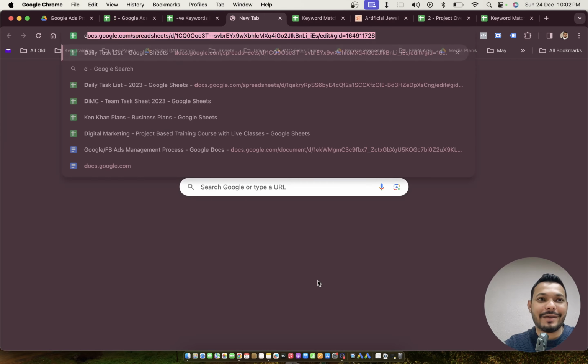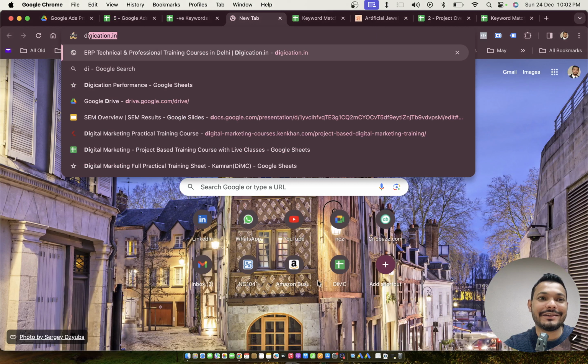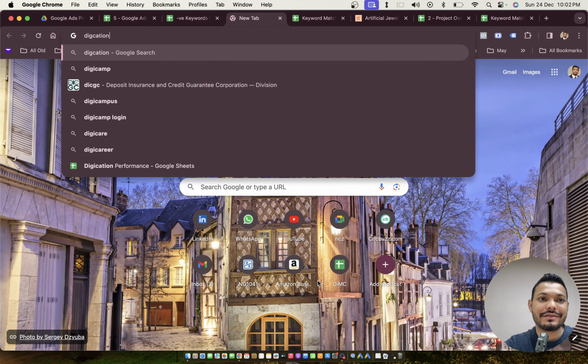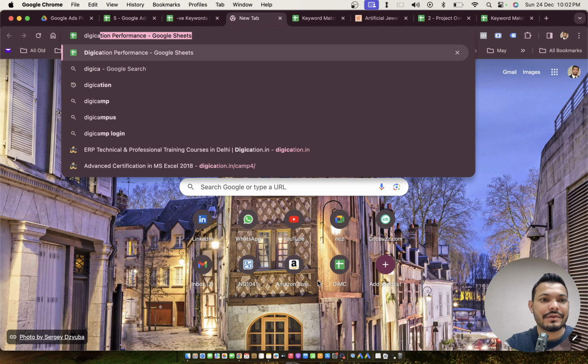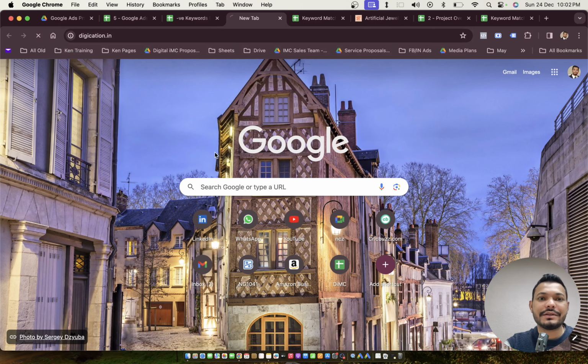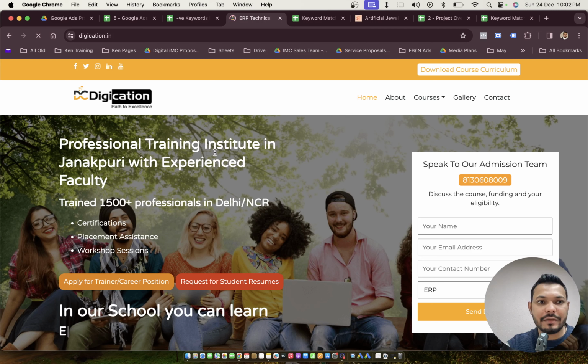Let me show you the campaign. In fact, the brand name is Digication. And this company is actually running SAP courses in Delhi, and they are based in Janakpuri.